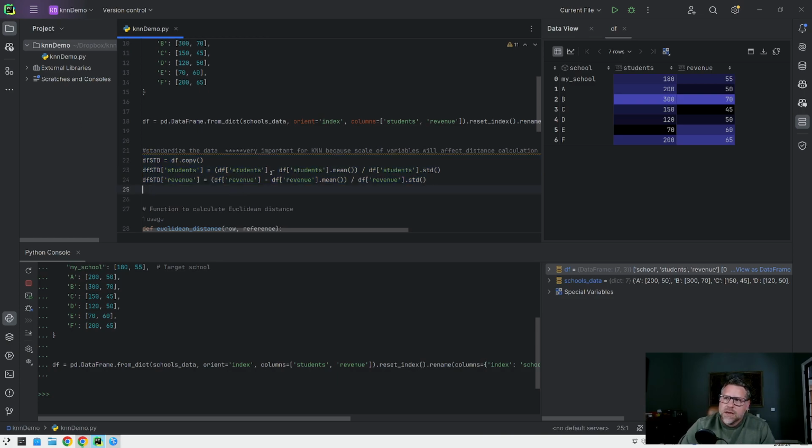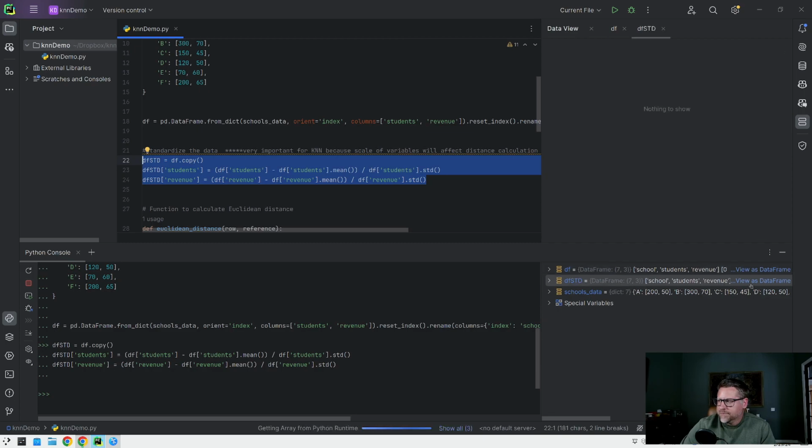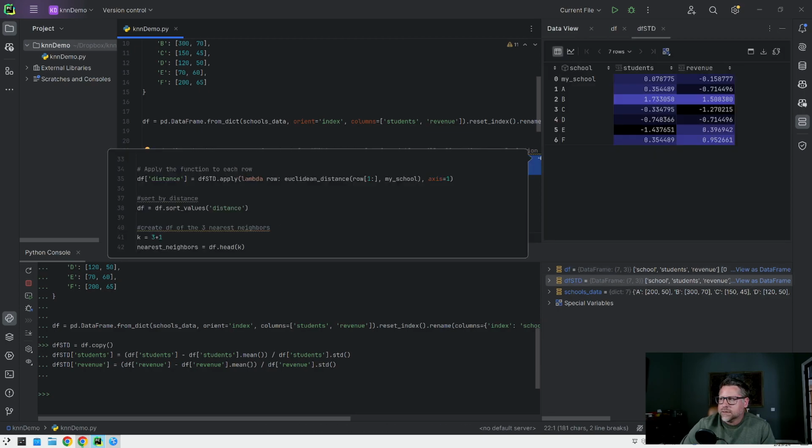By the way, if you're not familiar with standardization, I just take the current value, the value that the school has, subtract the mean, and then divide that difference by the standard deviation. And in Python, it's really easy to do. This is the calculation, and I'm creating a new data set here called df_std. And it looks like this.